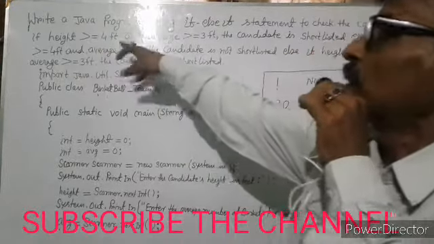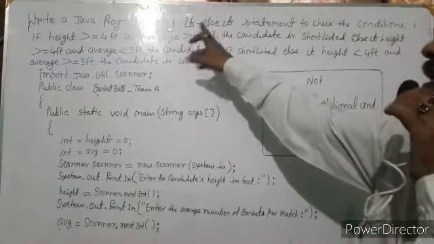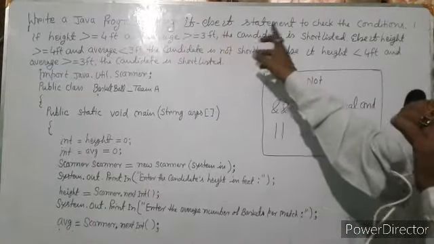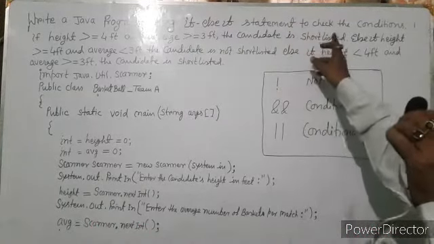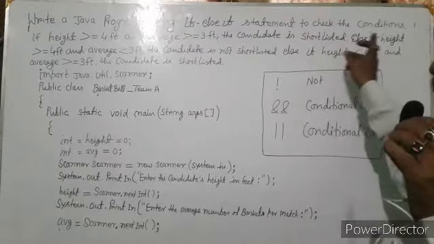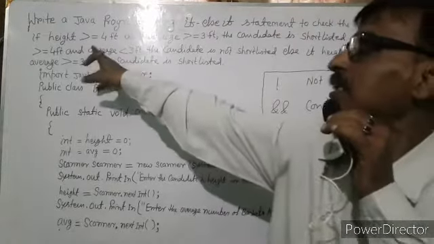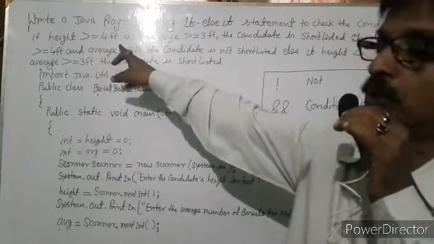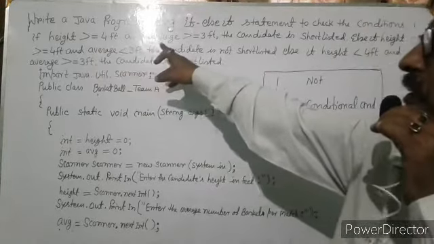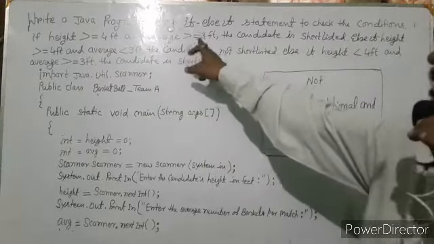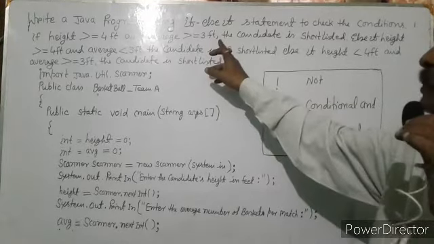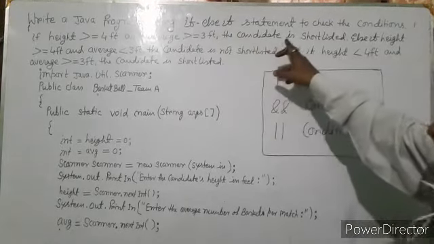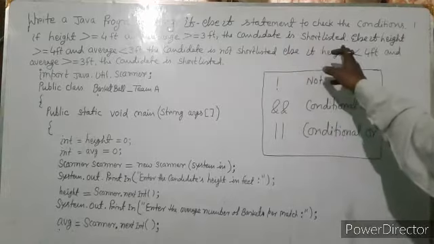Write a Java program using an if-else-if statement to check the conditions: if height is greater than or equal to 4 feet and the average is greater than or equal to 3, the candidate is shortlisted.